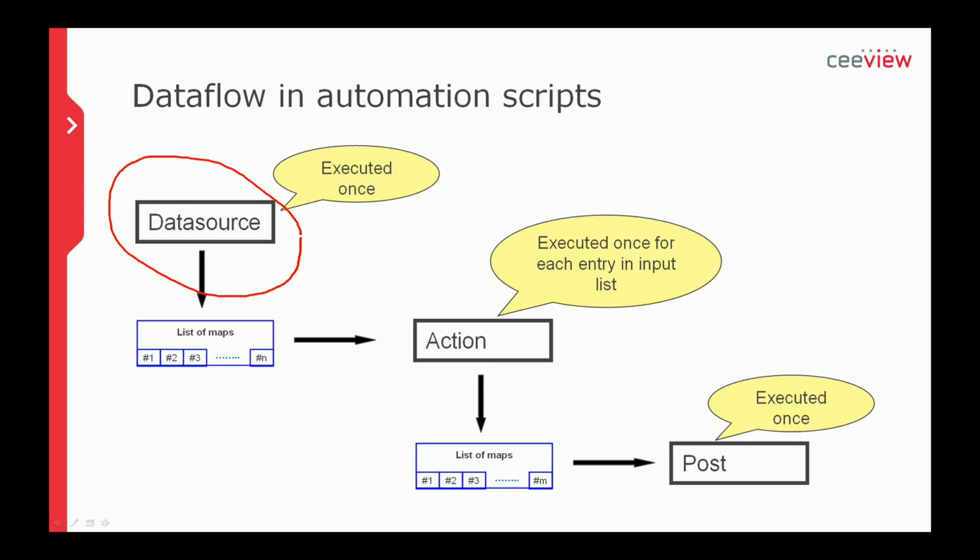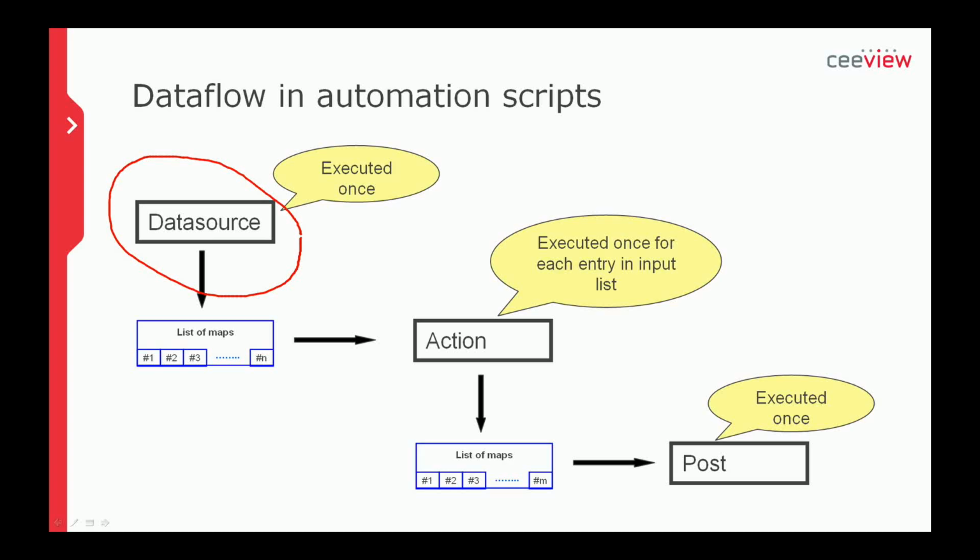The Datasource Script is executed only once, and it produces as output a list of maps or entries. In our demonstration, it will be a list of process entries, and each entry will have the process ID, process name, maybe a little bit more information about the process. This list of entries is passed as input to the action script.